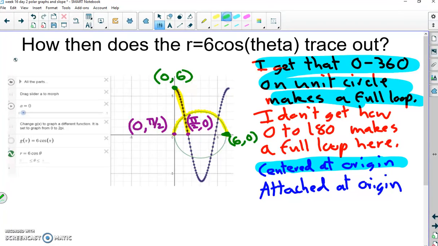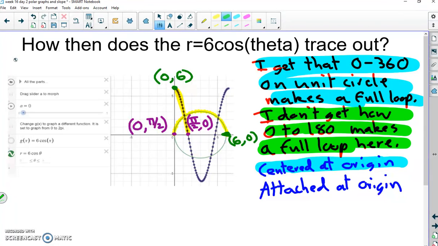But how can something else make a full loop when you're only 0 to 180? Or here actually 0 to 90 made half a loop. It's because I'm attached at the origin, and 0 to 90 is the first quadrant, and that is half of the right side. Okay? Woo!